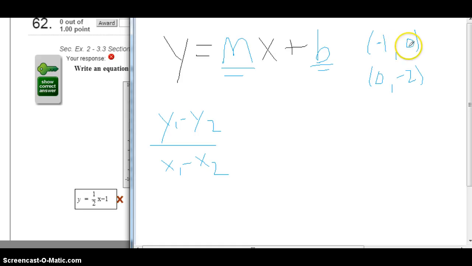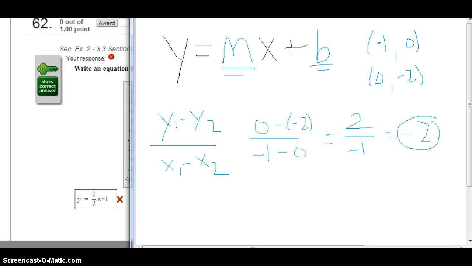So we're going to have the 0 minus the -2 on top, and then the x value subtracted on bottom. So you have 0 minus -2, +2, and -1 minus 0, -1. Simplify that down, it just comes out to -2.